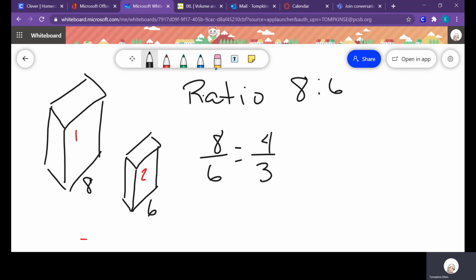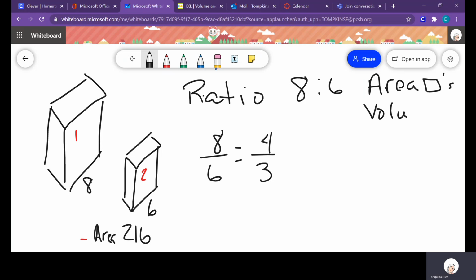Now, if we want to know what the areas are, let's say this guy is 216, well, this is the area. Then what we would do is we take our ratio of our sides, and remember, area squares it.